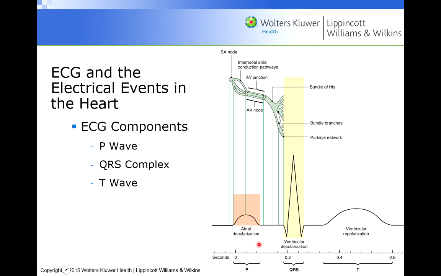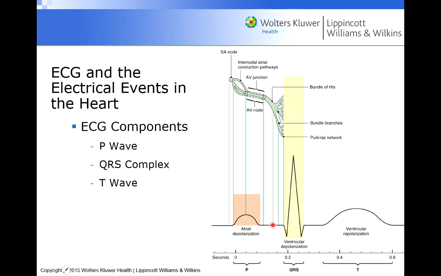The atria contract and move blood from the atria into the ventricles. It's here that at the AV node and bundle of His, we have the electrical activity pause. This here is called our isoelectric line. There's no electrical activity along this line. And it's this pause in electrical activity that allows time for blood to move from the atria into the ventricles.